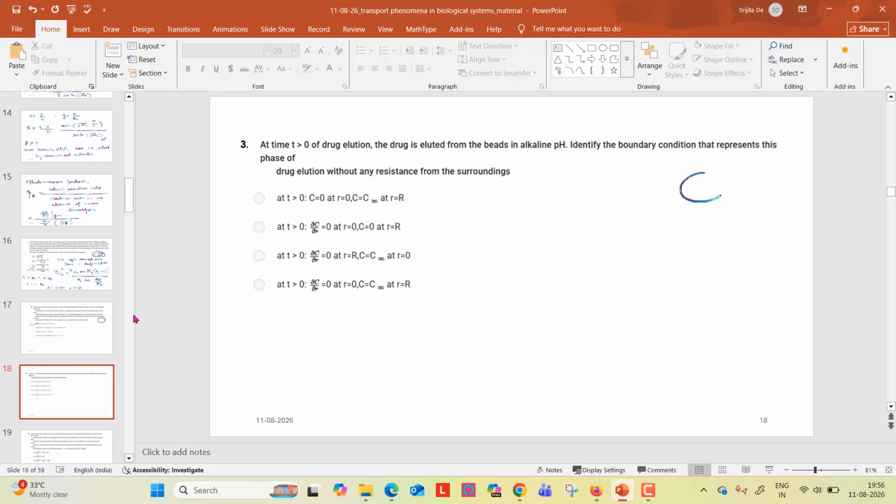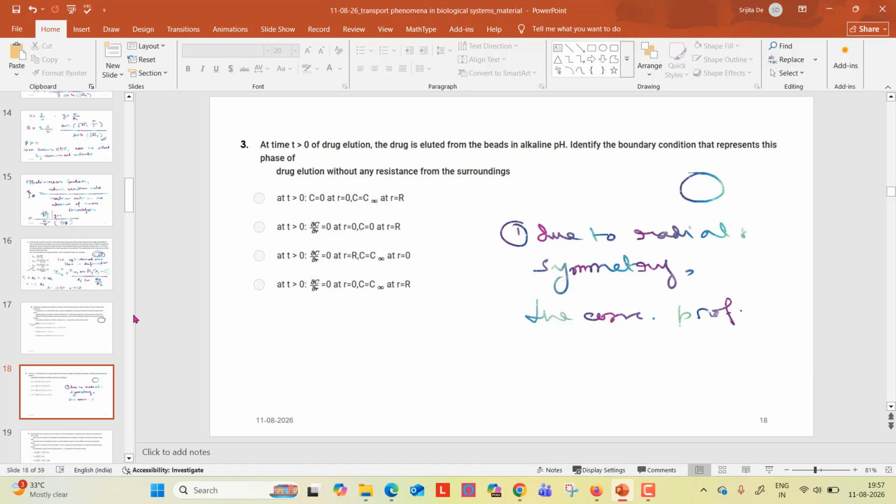So we will consider that due to radial symmetry, the concentration profile, the concentration C, must be symmetric, because it is uniformly spreading.